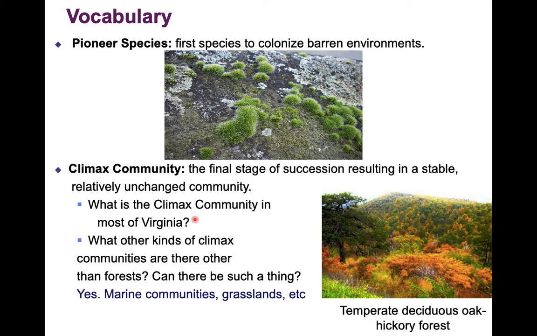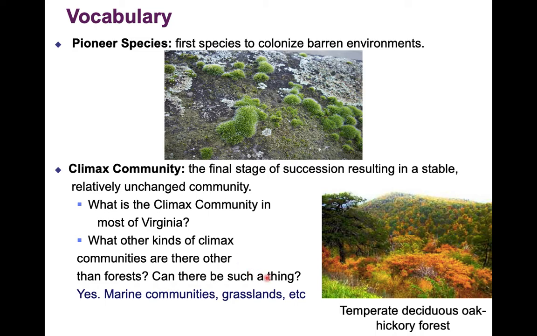So what is the climax community in most of Virginia? Here it is. You recognize it, right? We have a temperate deciduous oak hickory forest. But could there be other kinds of climax communities other than forests? If you live in a different place, could your climax community be something else?